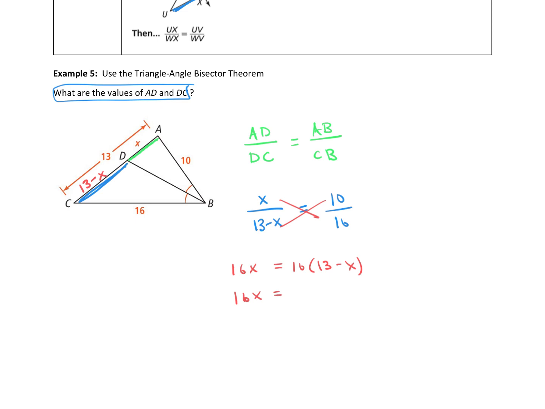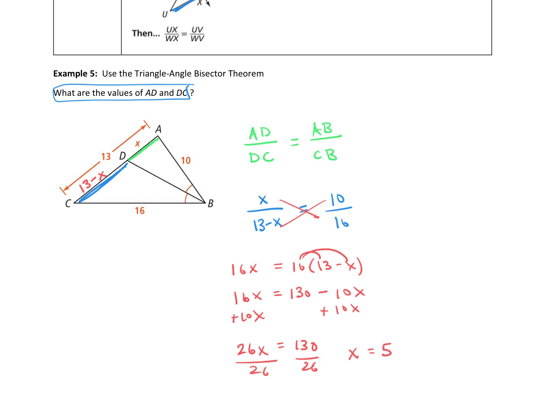So 16x equals 10 times 13, 130. 10 times a negative x is minus 10x. Let's get those x's to the same side. We're going to add 10x to both sides. So we have 26x equals 130. When you divide both sides by 26, you get x equal to 5.